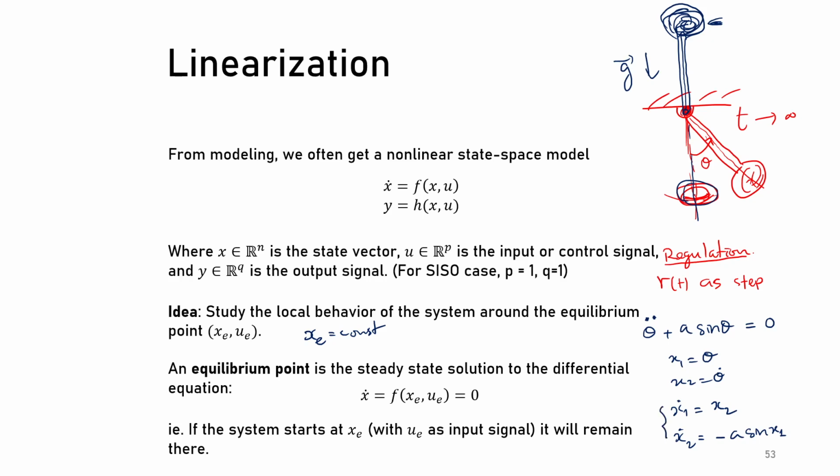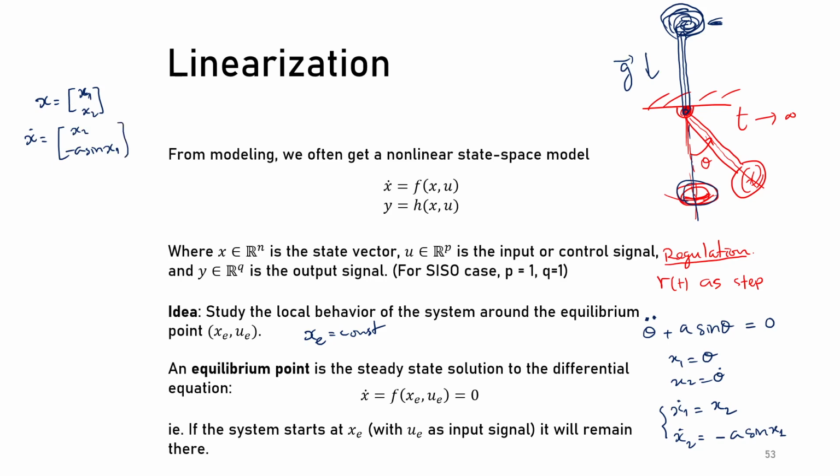So now you have a function f, so you have x, which is x1 and x2 like this, then you have x dot equal to x2 and minus a sine x1.